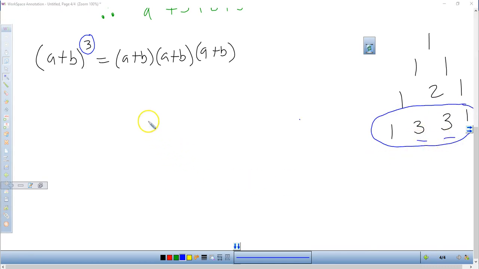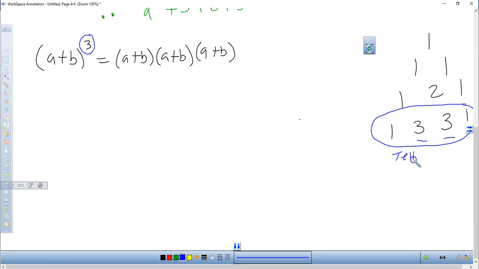And so now that I know that this row has 3's in it, I'm going to do the setup for Pascal's triangle. Initially, this setup is going to take a little bit of work, a little bit of time, but once the setup is done, the multiplication is easy, and you're going to have your answer in fewer steps. Now that I know it's that row, I know that there are 1, 2, 3, 4 terms.